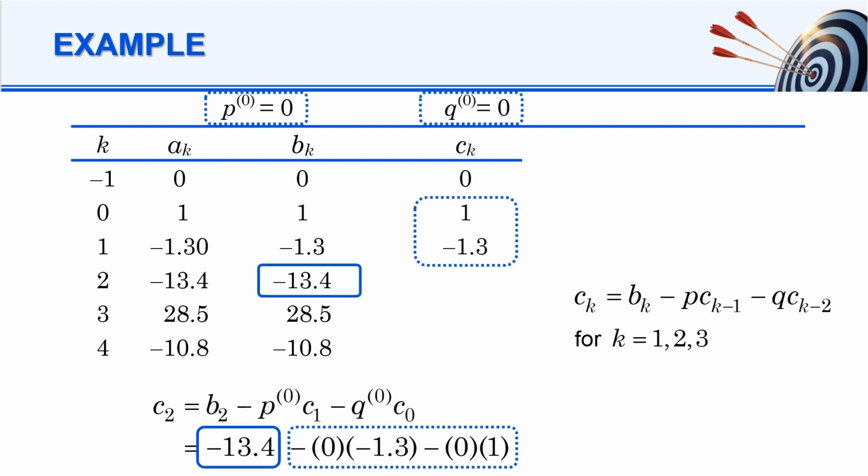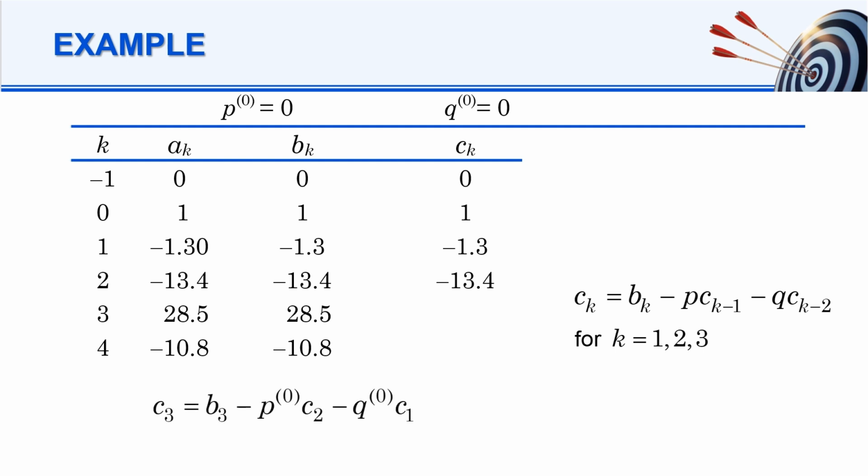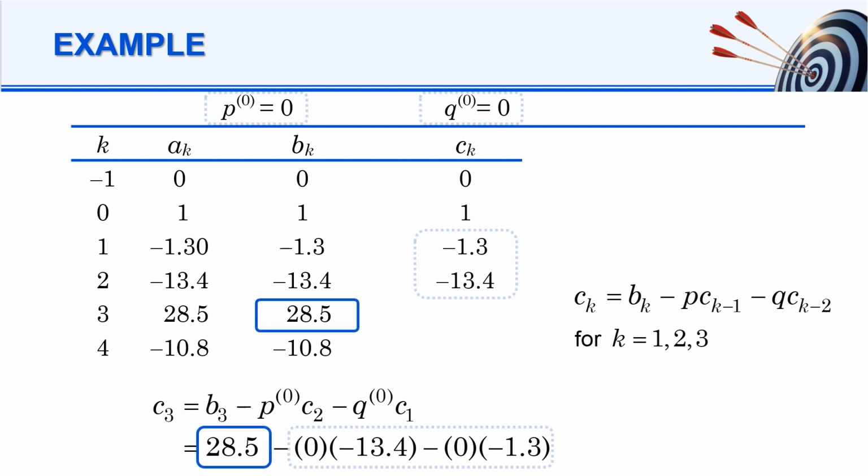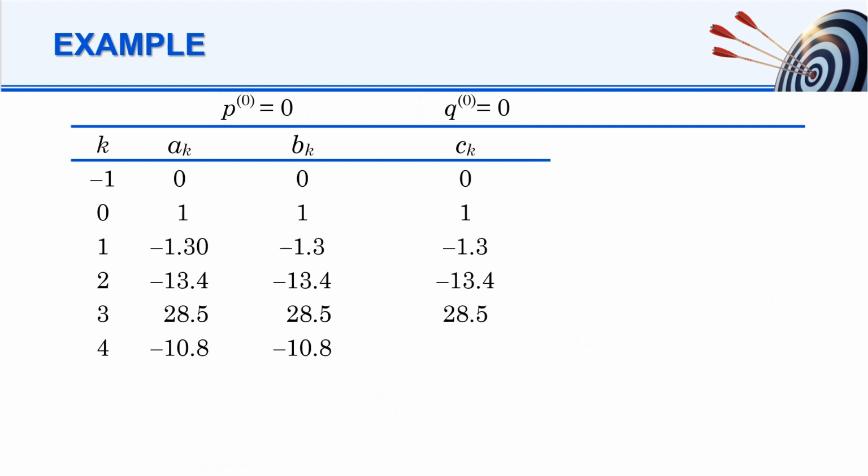Substituting their numerical values, we find c2 to be minus 13.4. For k equals 3, we substitute the numerical values of b3, b2, and b1 into the following expression, which for c3 gives 28.5. Note that c3 and b3 are available. We can calculate c bar 3, which yields 0.